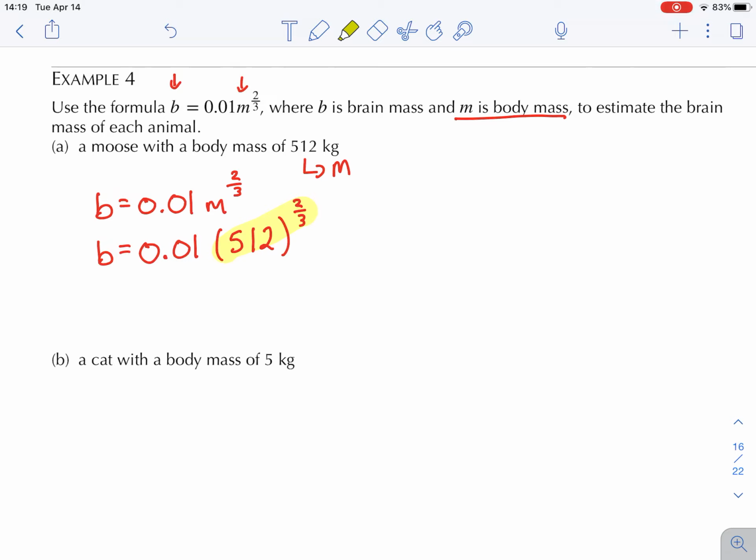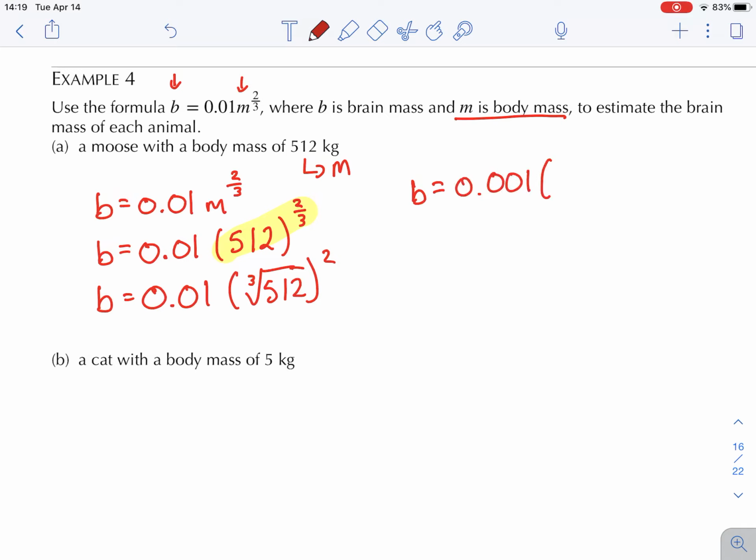My calculator on my iPad doesn't really do fractional exponents very well, so I can rewrite this as b is equal to 0.01, the cube root of 512 squared.